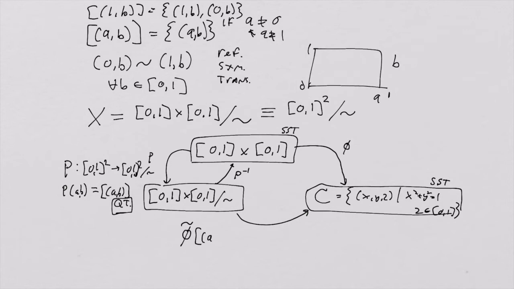How would we write that? That's actually kind of interesting, right? Normally when we take a function, we say phi, and then we put parentheses, and inside the parentheses we put the argument. Well, what's the argument? The argument is an equivalence class. So in this case, it's an equivalence class A and B.